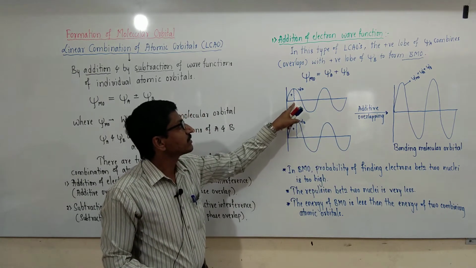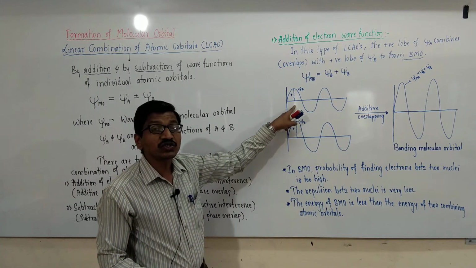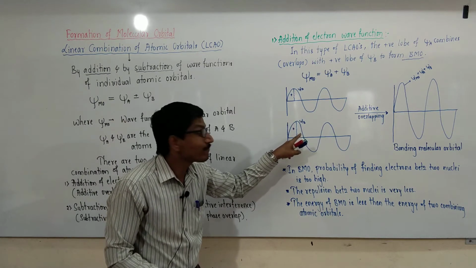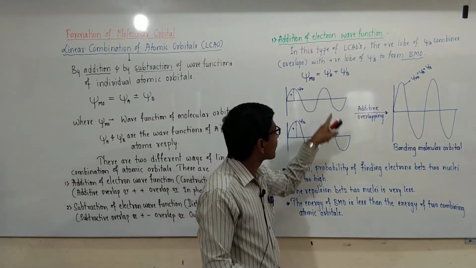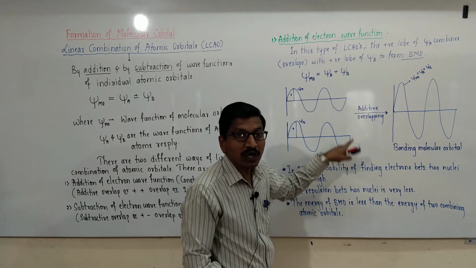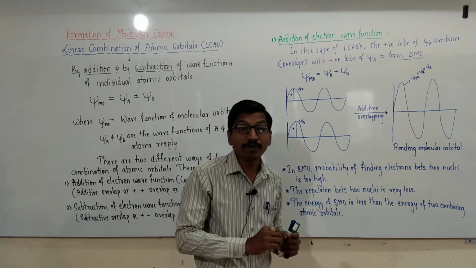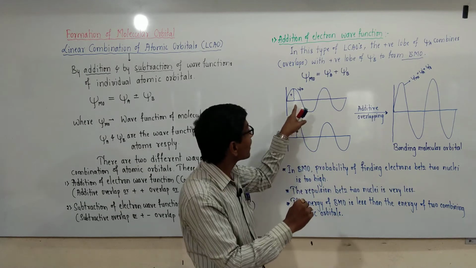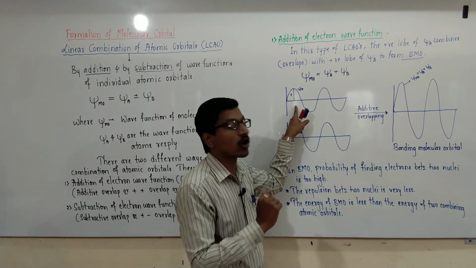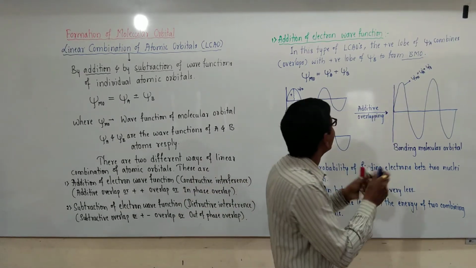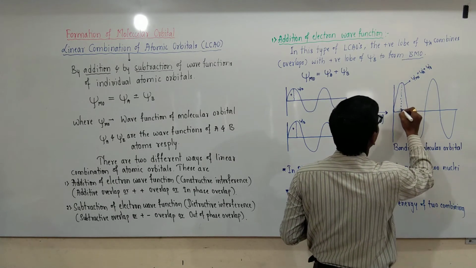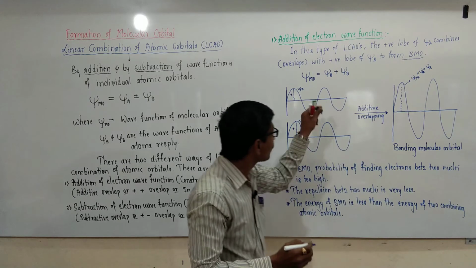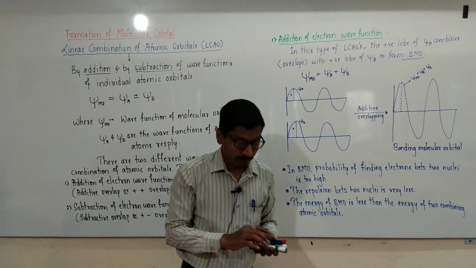In phase means the crest overlaps with crest, trough overlaps with trough, and the amplitude is more than that of the combining atomic orbitals. This amplitude for molecular orbital is more than that of these two combining atomic orbitals.